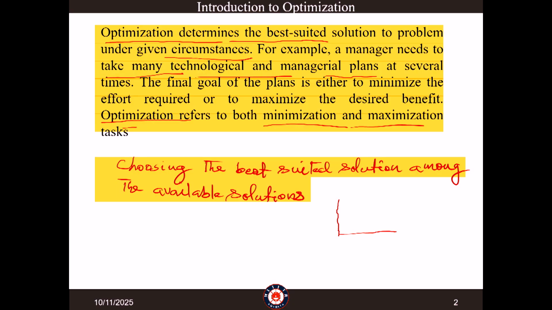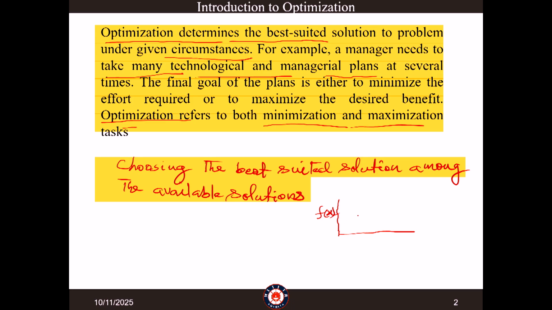Though the terminology is different, in mathematical terms these are basically the same. Let me give you an example. Suppose I want to find the optimized value of a function f(x).